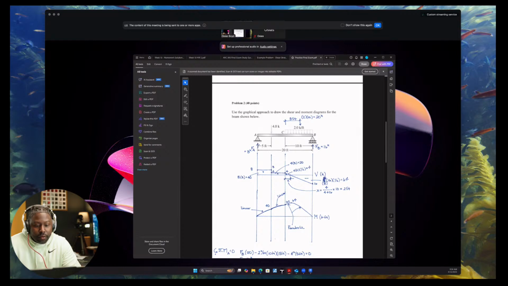Its center of gravity is halfway along the load, 5 feet from the left edge of the load. And then the load starts at 10 feet.